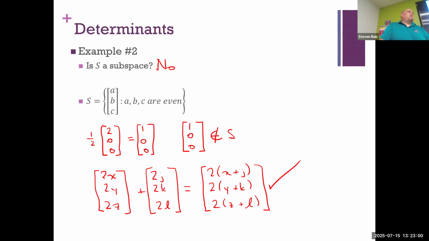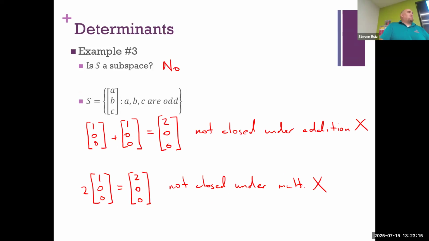Is 0 even? What's 0 divisible by 2? 0 is an integer. Feels weird to say that, but absolutely true. 0 is even. Yeah, that was my next question. The 0 vector is not in this. So the 0 vector cannot be in this because 0 is even.